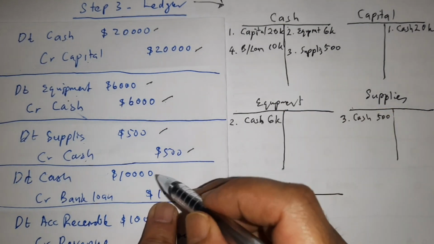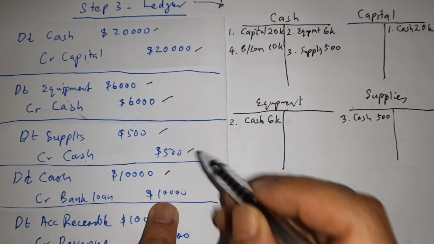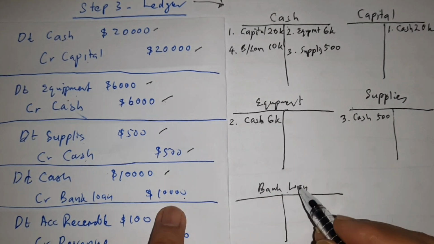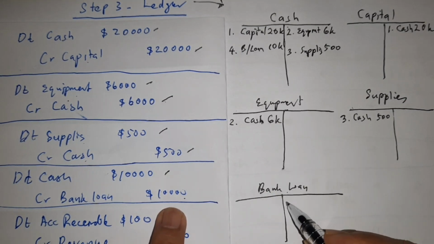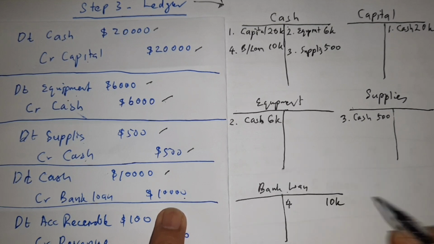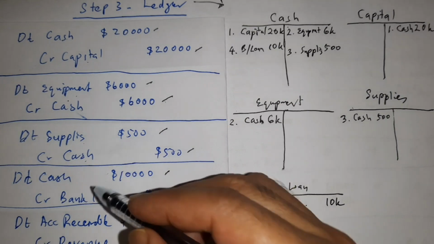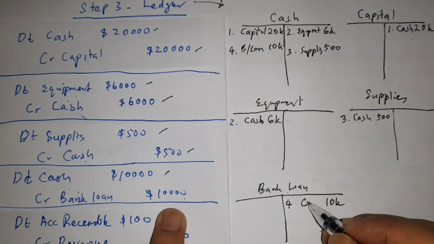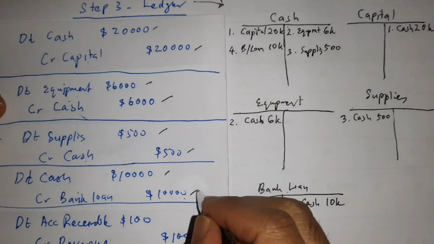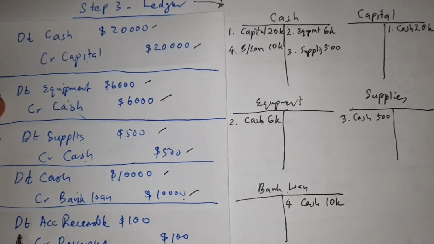You have already recorded this. Now you transfer this. Bank loan credit 10,000. Refer to what account? Refer to account cash. So you write cash. This is done.